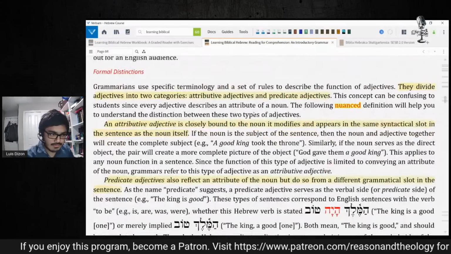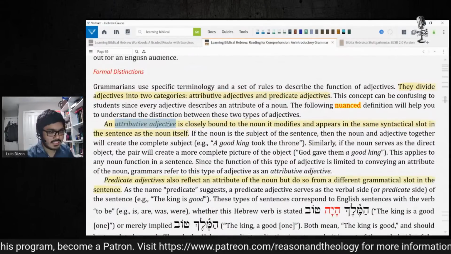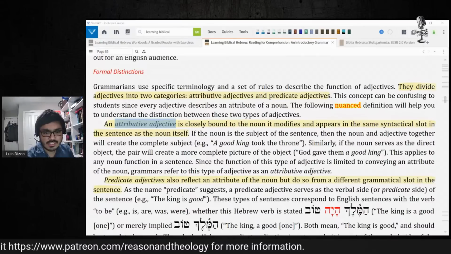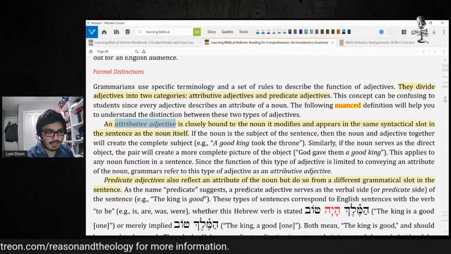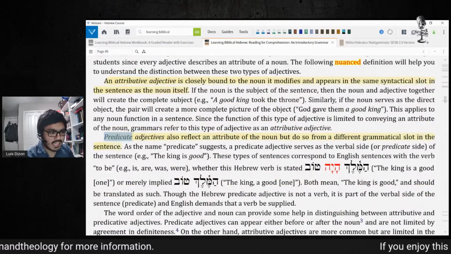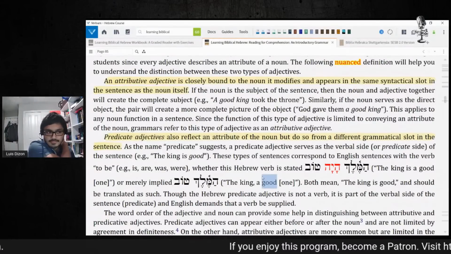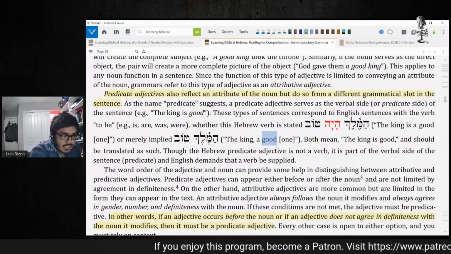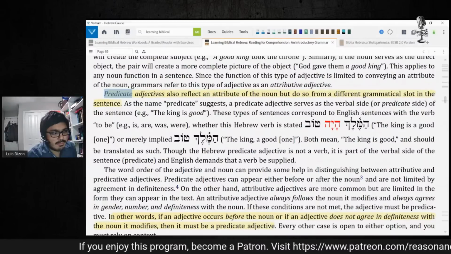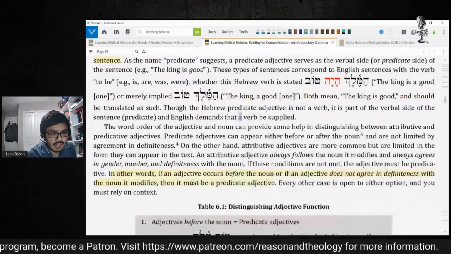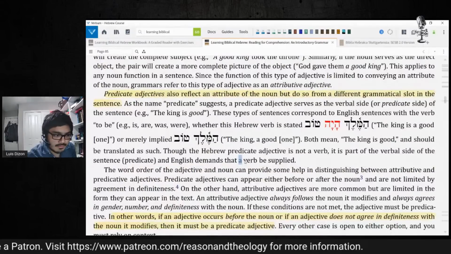So in other words, an attributive adjective is directly connected to the noun and it can't be separated from it, whereas the predicate adjective is in a different slot from it. So like the term implies, it is generally added to the predicate of a sentence.